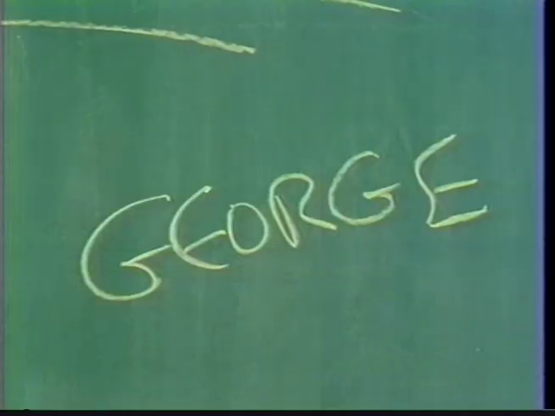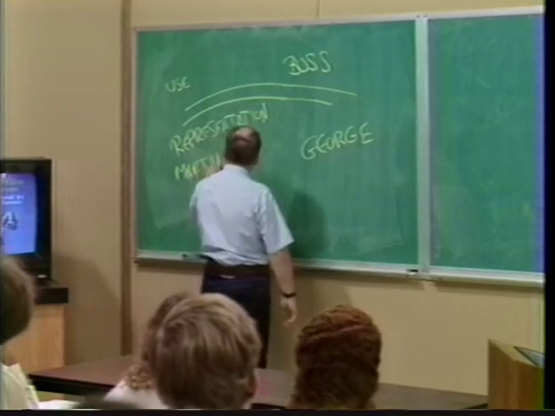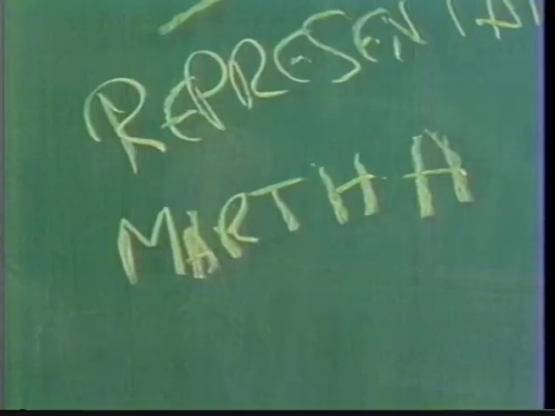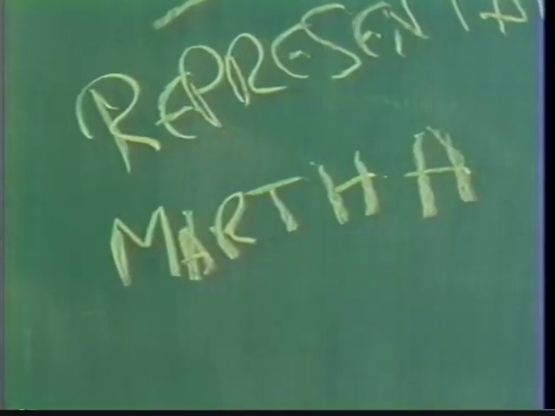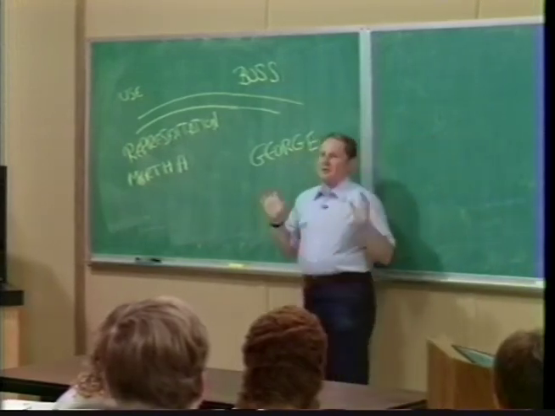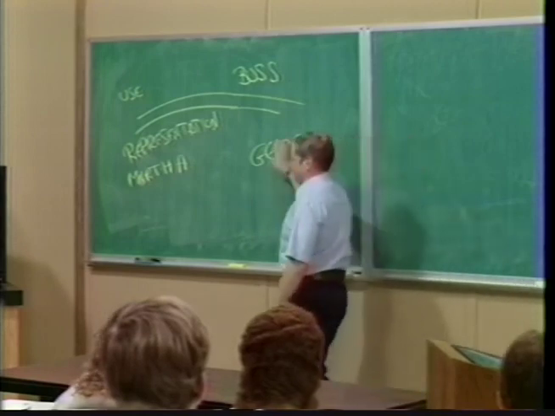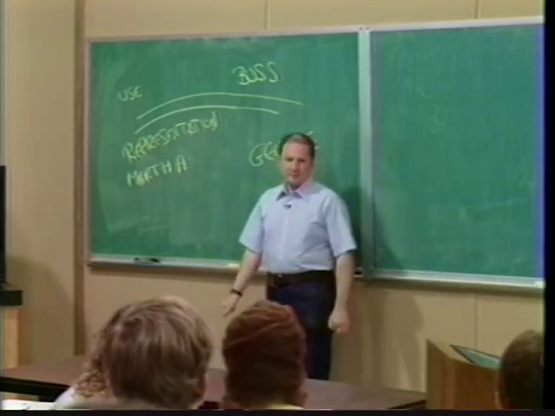Well, let's be concrete. Let's suppose there's George, and there's also Martha. Now George and Martha are both working on this system, both designing representations, and absolutely are incompatible. They wouldn't cooperate on a representation under any circumstances.